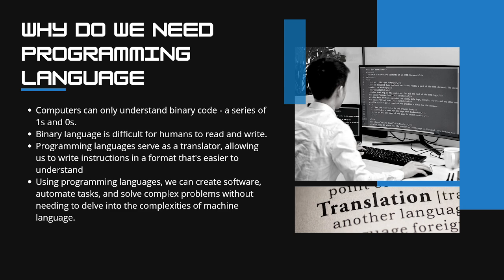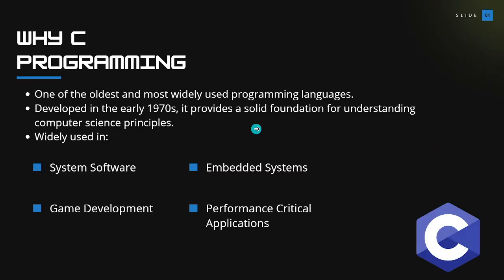Now, why are we learning C programming? And where is C programming used? The first reason is that C is one of the oldest and most widely used programming languages. It was developed in the early 1970s and it provides a solid foundation for understanding computer science principles.